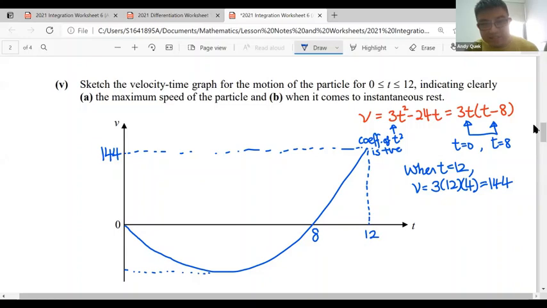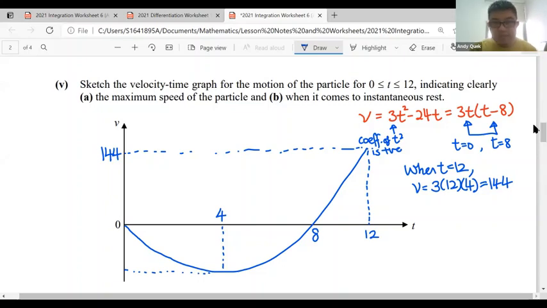So what is this? Now, can I say that this value here is for t equal to 4? And the answer is yes, and the reason is because it's quadratic. I can do this only because I'm looking at a quadratic curve.